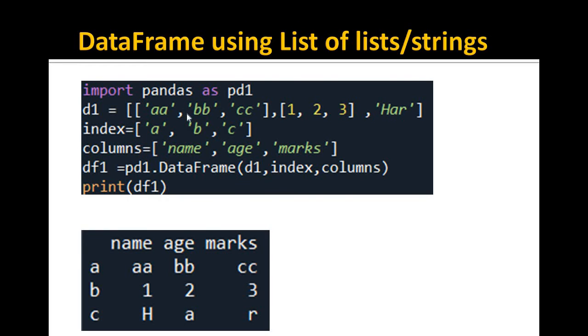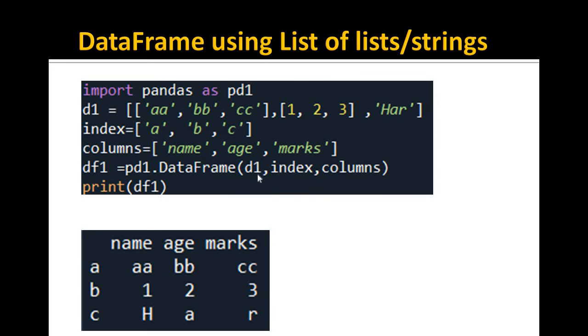First is a list of characters, second is a list of numbers, and third is a 3 character string. Then a list of index A, B, C has been created, and then another list of strings has been created and given the name columns. These 3, D1, index and columns, are given to the DataFrame constructor function.